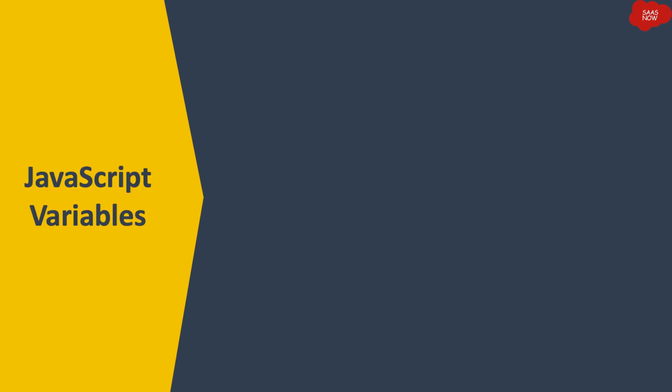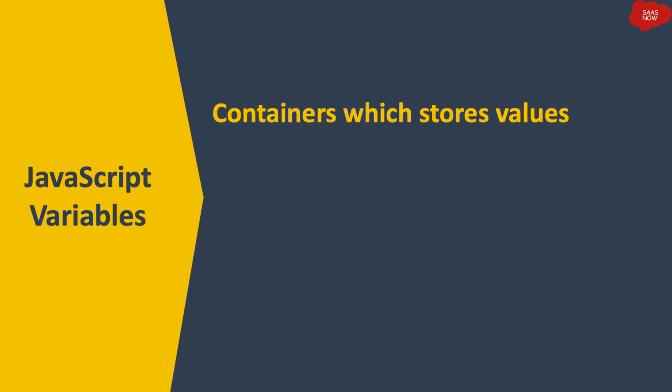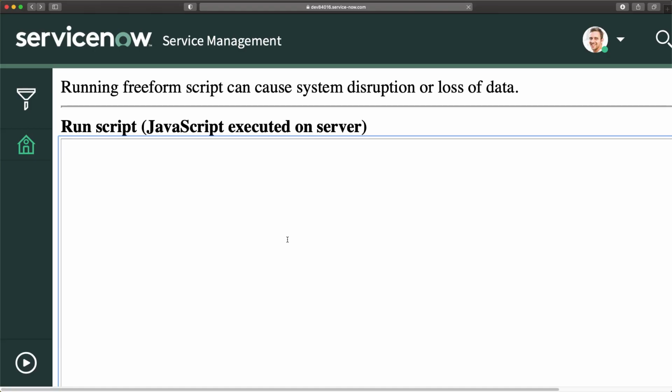JavaScript variables are containers which store values. Variables are declared with the var keyword. If I write var a equal to 100 semicolon, var b equal to 200 semicolon, var c equal to 300 semicolon, in this case, a, b, c are variables, and they also store some values.